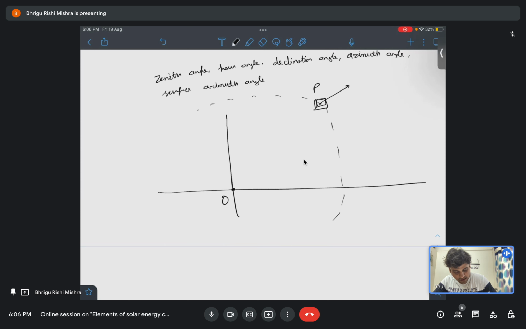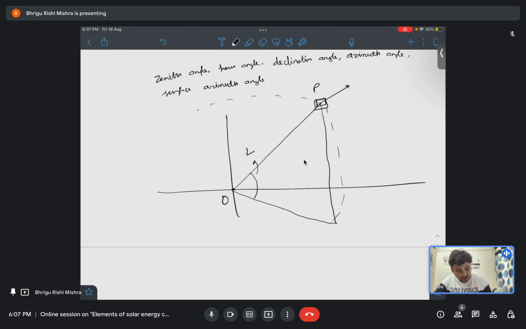If I connect the center of the earth to this location, and the projection of this plane on the equator plane, and if I connect these lines, this angle is called the latitude angle.